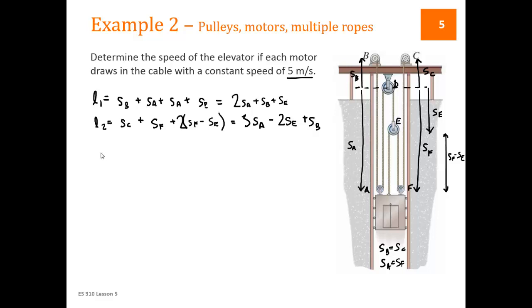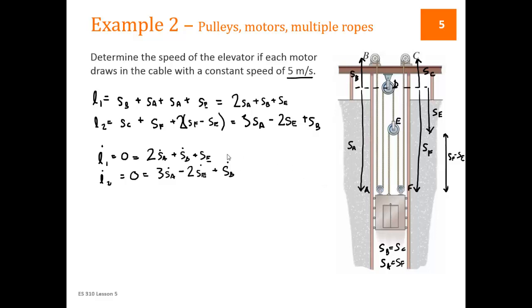We've got L1 dot equals 0 equals 2 SA dot plus SB dot plus SE dot. And L2 dot is equal to 0 equals 3 SA dot minus 2 SE dot plus SB dot.